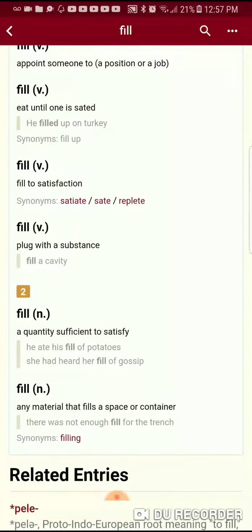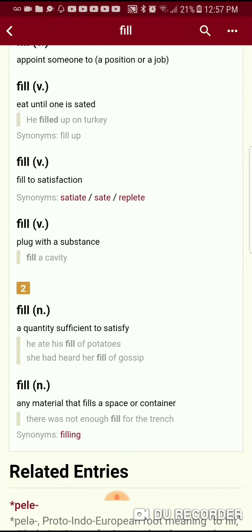Appoint someone to a position or a job. So again, they have been given your heredity. They have been given your stance in law as a living people that have some type of rights, when again, you are now property. Okay, when we're using these terms.